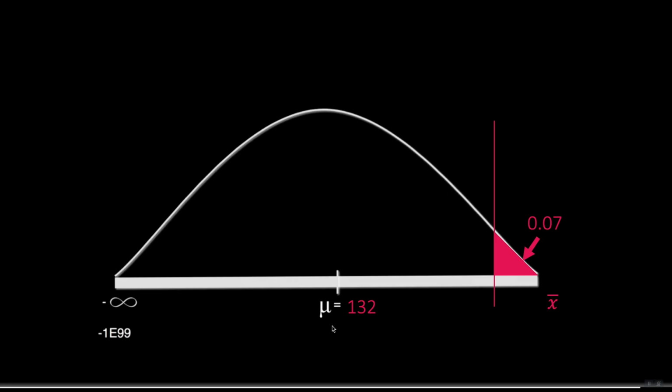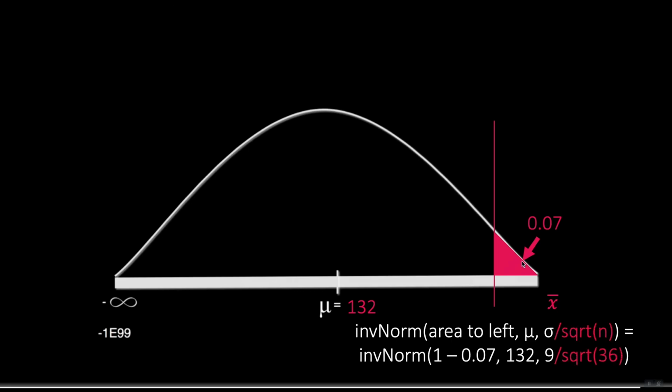And since this is the distribution of x bars, these are all x bars, even 132 is the mean of all x bars. And so we want to find the x bar right here that's going to give us the top 7%. And so that's inverse norm because it's below the belt, this being the belt right here.